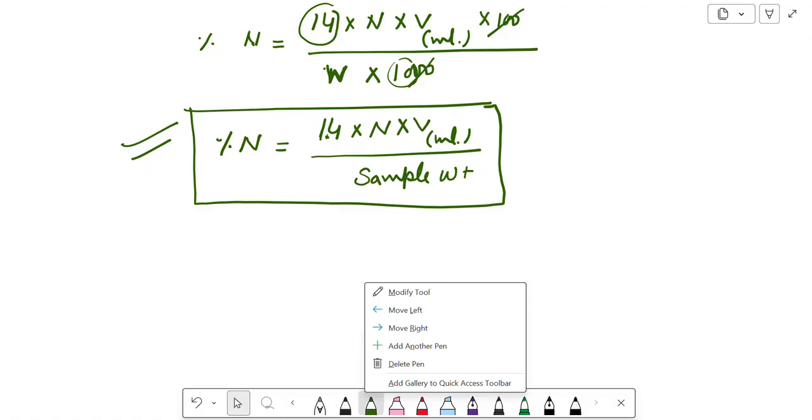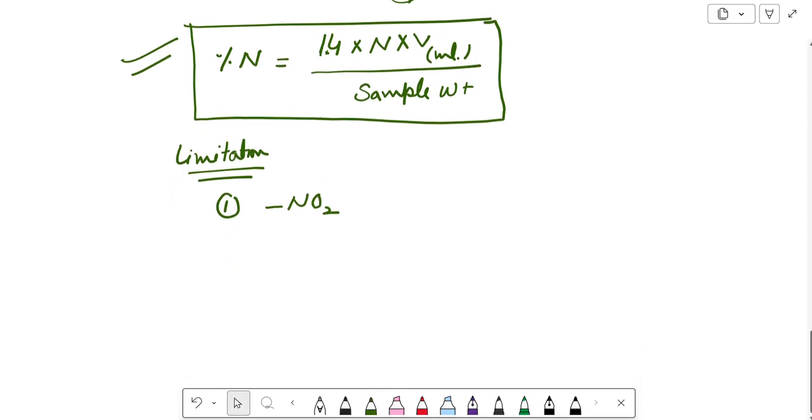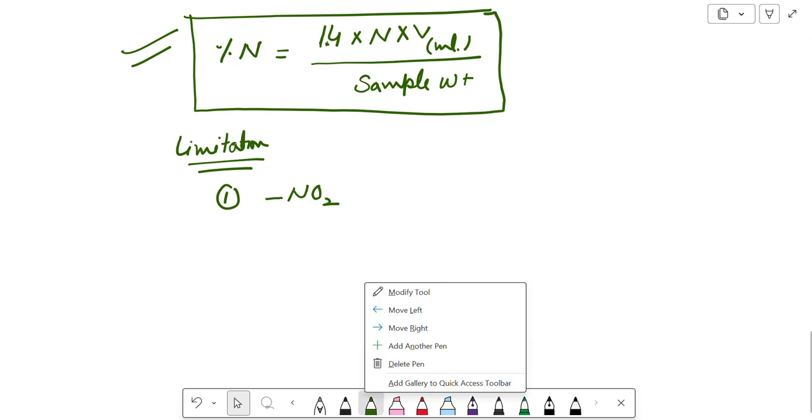What is the limitation of this Kjeldahl method? So there are some limitations also. What are limitations? First, nitro compound cannot be estimated. In nitro compound, nitrogen cannot be estimated with Kjeldahl's method.